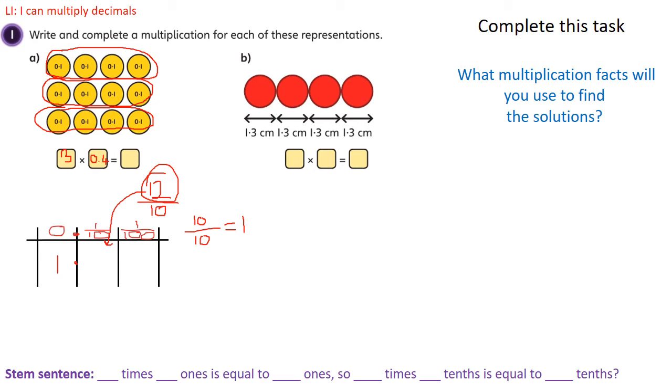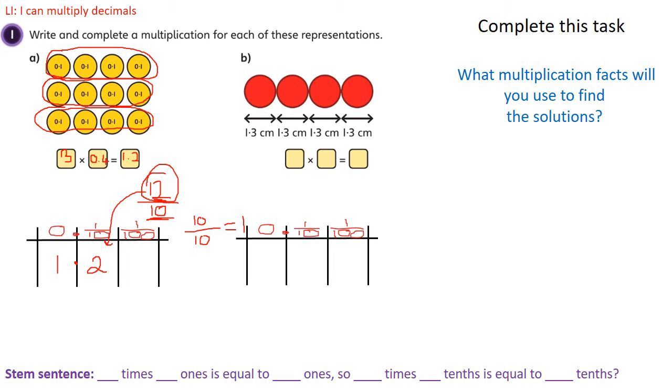So how many tenths am I going to have left? I am going to have 2 left. So as we were saying in previous lessons, the end digit goes in the column of the denominator. So we know that this answer, 3 times 0.4, is 1.2.